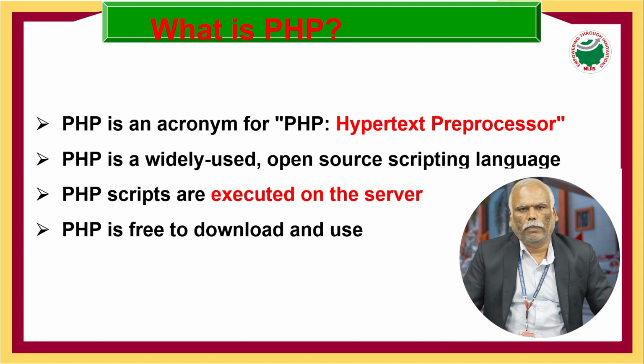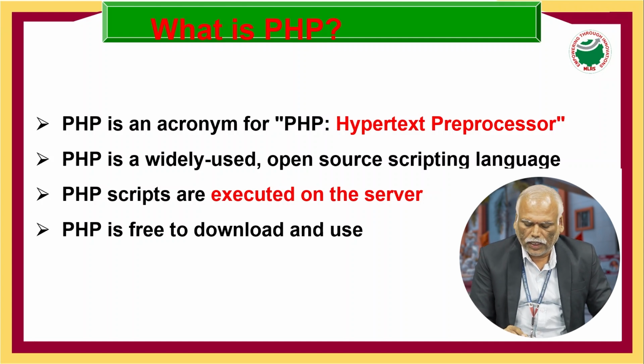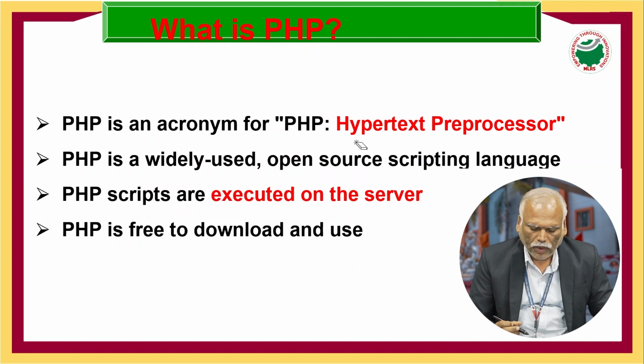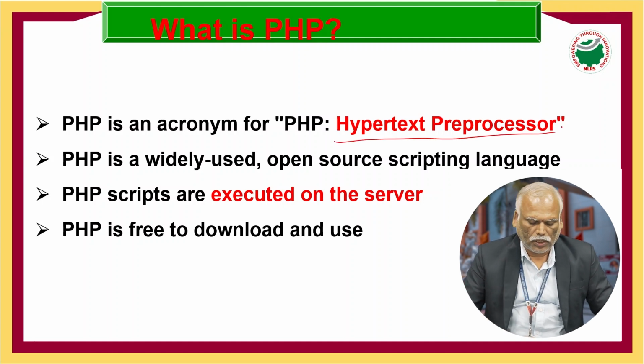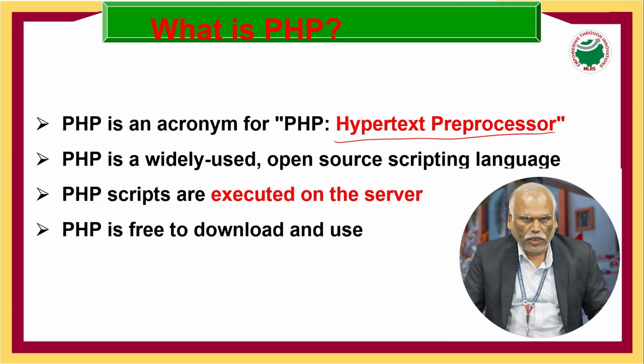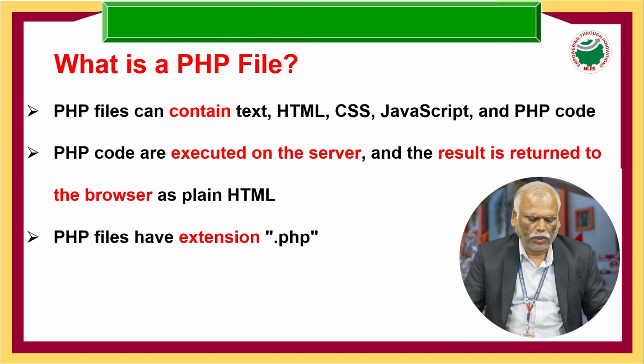So what is PHP? PHP is an acronym for PHP: Hypertext Preprocessor. That's the full form. PHP is a widely used open source scripting language, and these scripts are executed on the server. It is free to download and use.